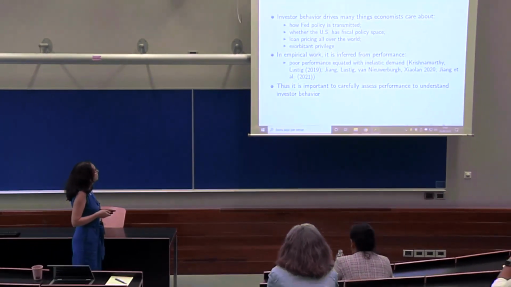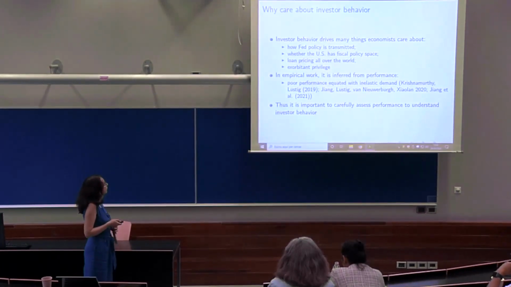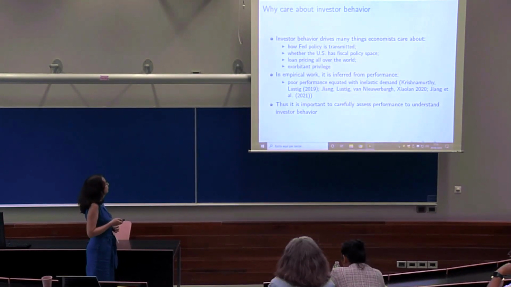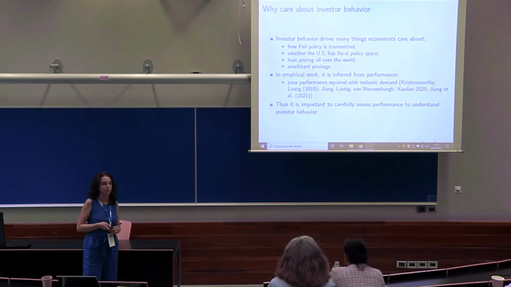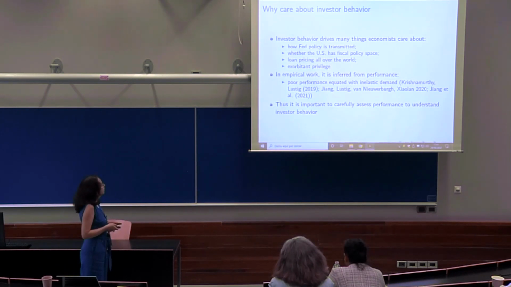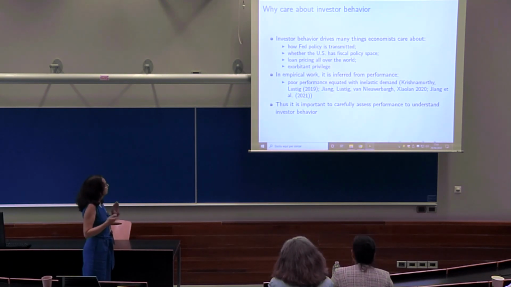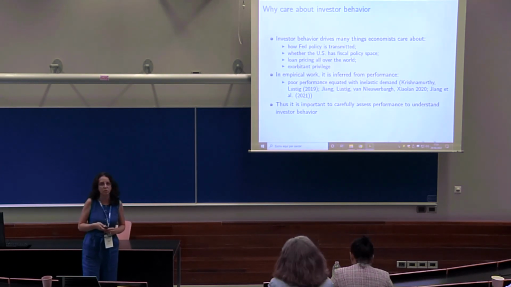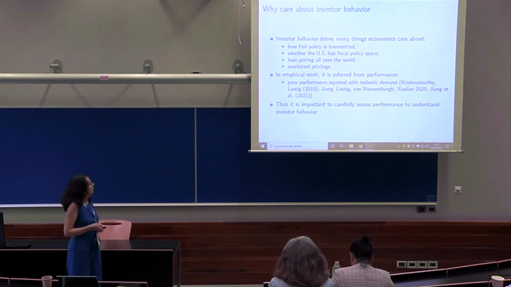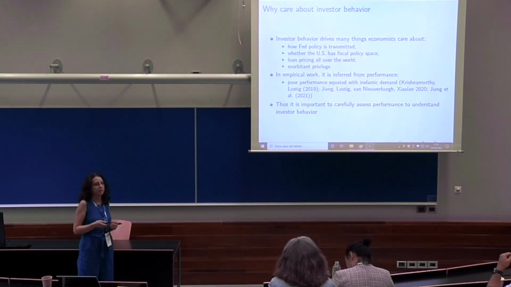How Fed policy is transmitted, about US fiscal policy space, and so forth. But in empirical work, investor behavior is inferred from performance. Usually in the literature, poor performance is calculated from not so accurate data, and then it's equated with inelastic demand.